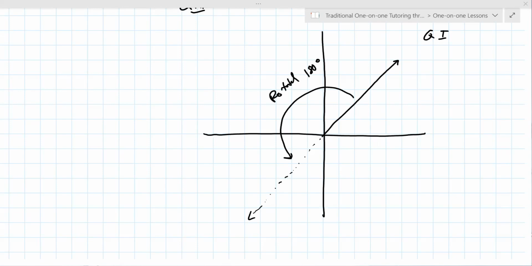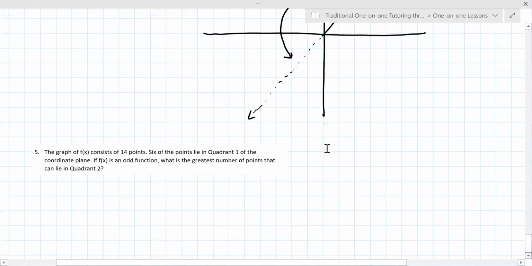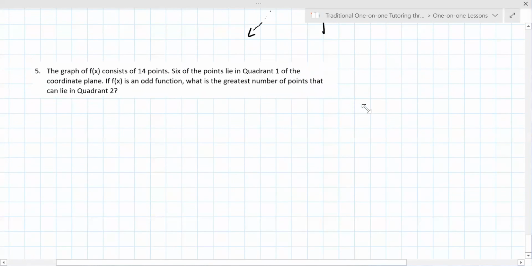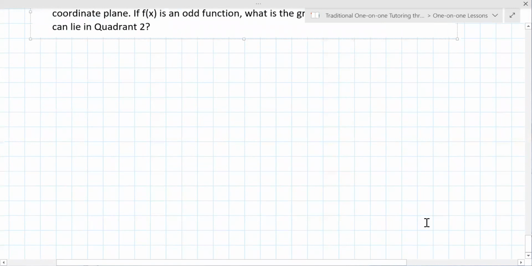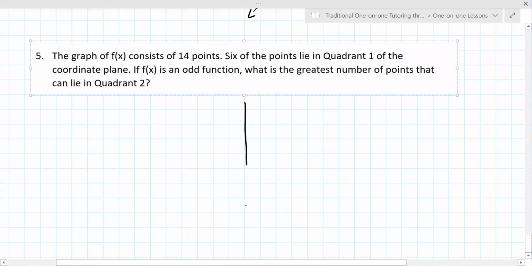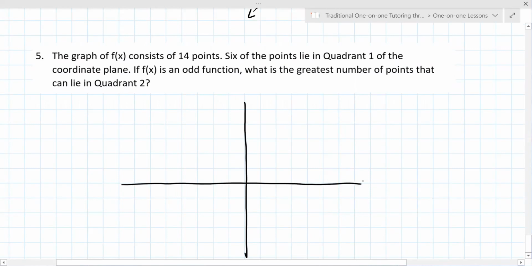Okay, so let's look at question 5. The graph of f of x consists of 14 points. What that means is in the xy plane here, we've got 14 dots somewhere.